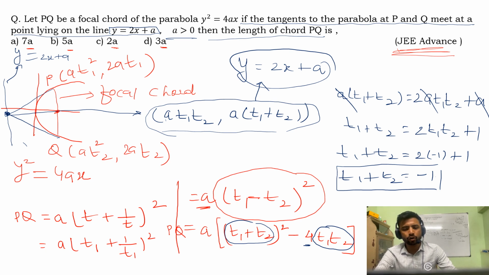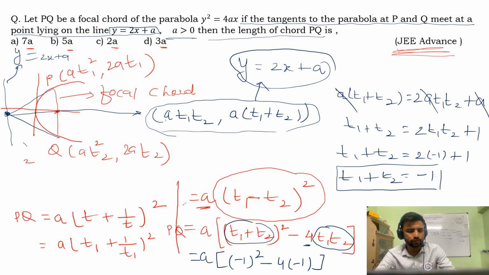So now we have all the values: t1 plus t2 we have minus 1, and t1 into t2 we also have as minus 1. So we'll put the values of t1 plus t2 and t1 into t2 over here. So PQ is equal to a times the square root of (minus 1) whole square minus 4 into minus 1.